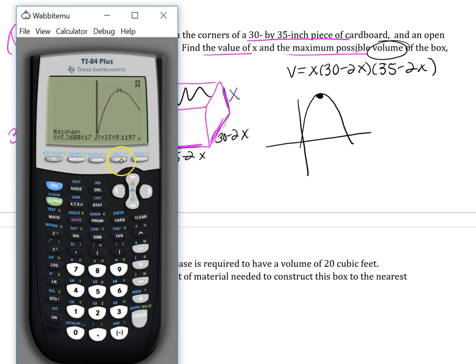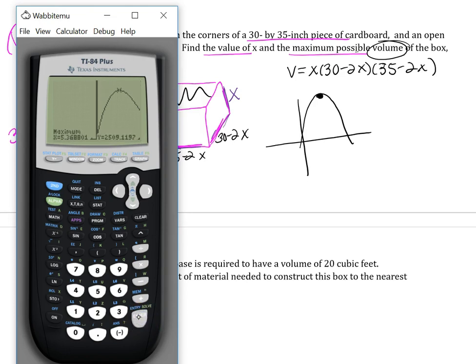But just to show you again, second trace, max, you just have to move the cursor to the left of the maximum. Hit enter. Get to the right. Hit enter. The arrows pinch in, hit enter again.